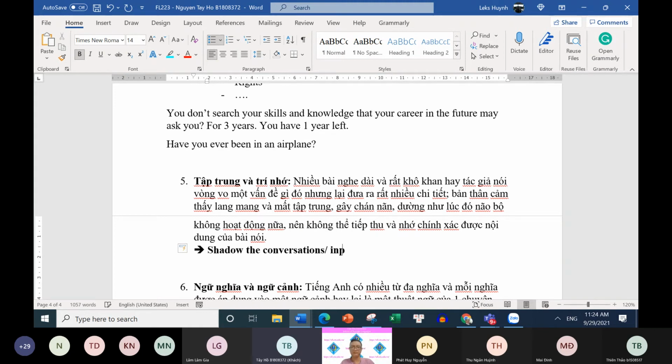The verb shadow means to repeat the speaker. Of course. Don't worry. I have been teaching English for 20 years, so don't worry that I don't understand the technique. Continue.